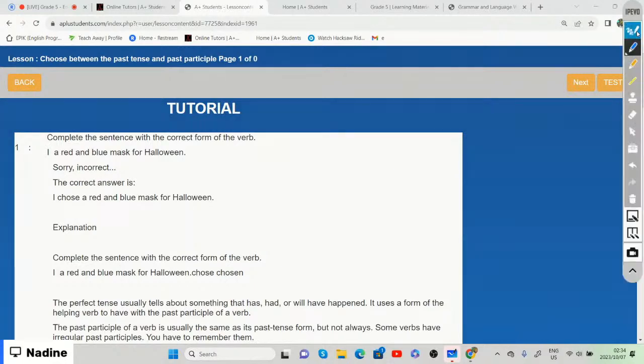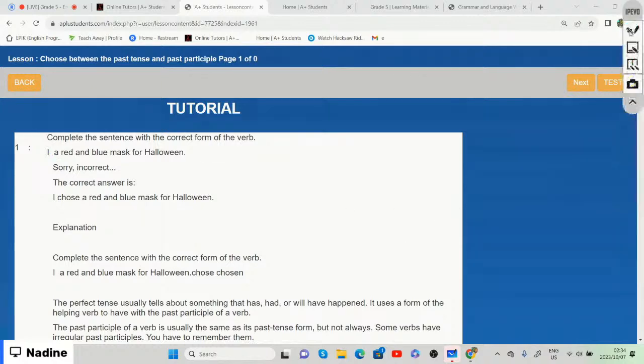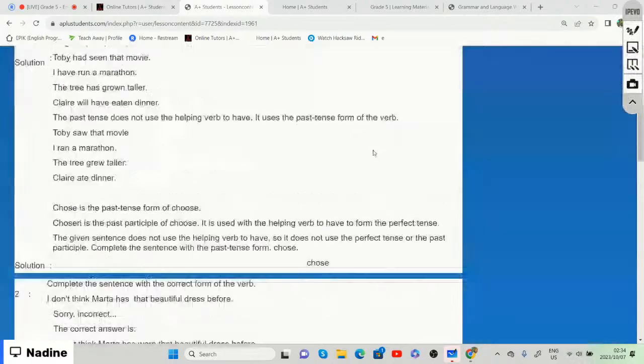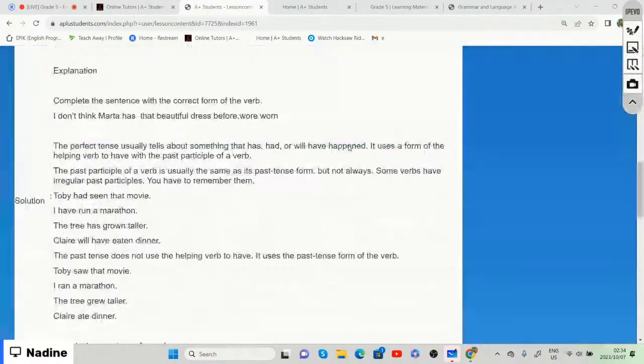If we choose the correct form, then we can say, I chose a red and blue mask for Halloween. So chose is correct.